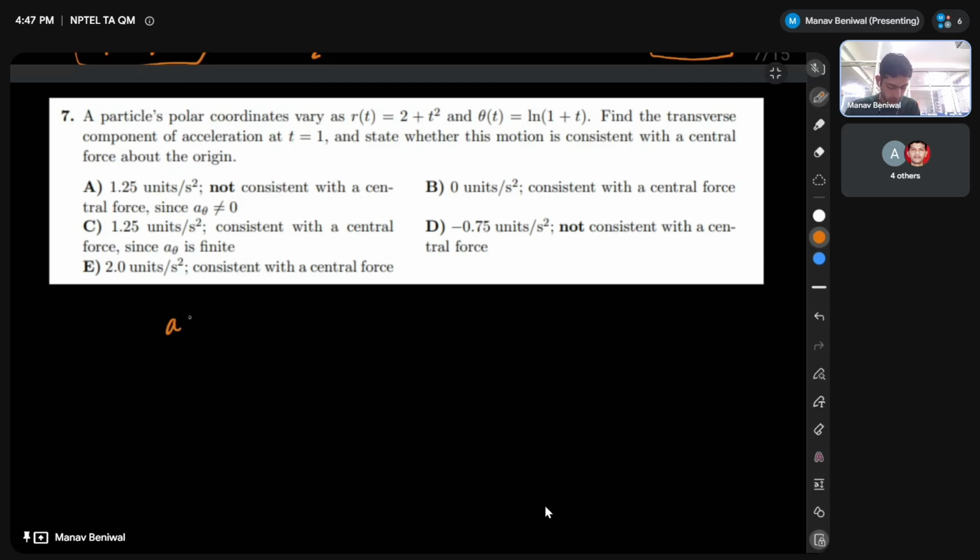So our acceleration a has a radial component, which is r double dot minus r theta dot squared, in the r cap direction, and r theta double dot plus 2 r dot theta dot in the theta cap direction.